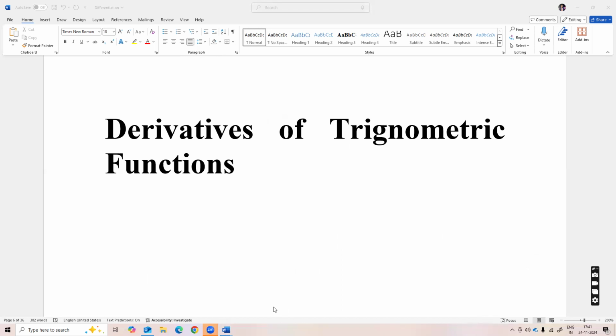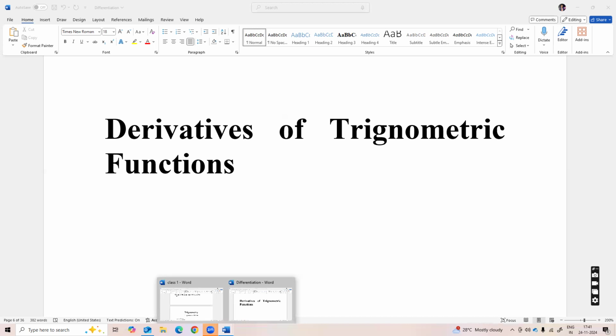Differentiation will be useful in many derivations. In physics you will see many derivations, and differentiation is the basis of all the derivations you will see. Like I told, velocity is basically the differentiation or derivative of displacement, and acceleration is the differentiation of velocity.